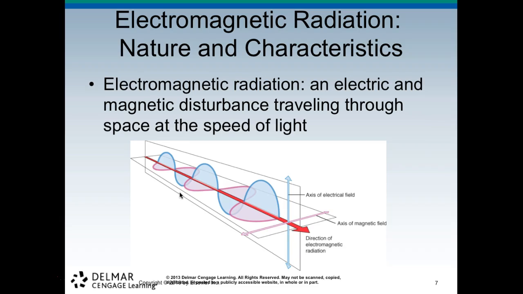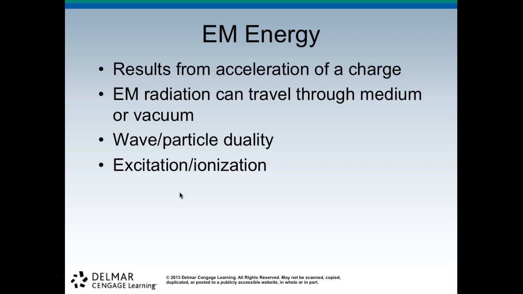So anytime we talk about the velocity or the speed, it's the speed of light that it is traveling at. It results from acceleration of a charge. EM radiation can travel through a medium or a vacuum, and it shows wave or particle duality, and excitation and ionization also.